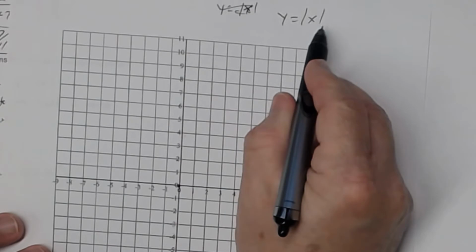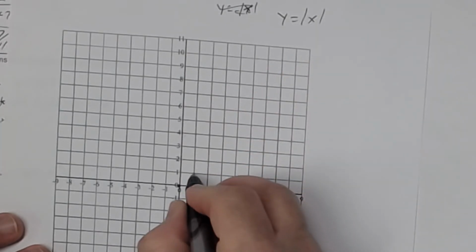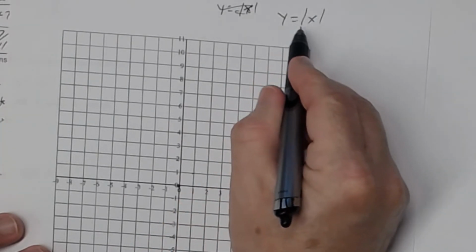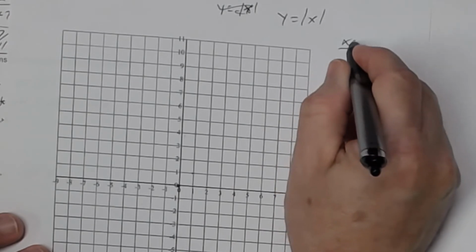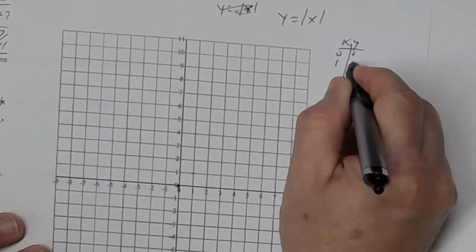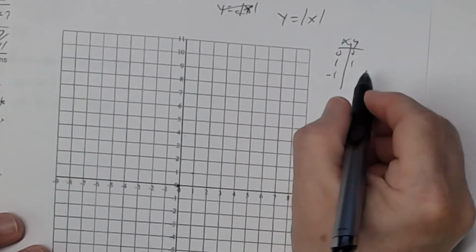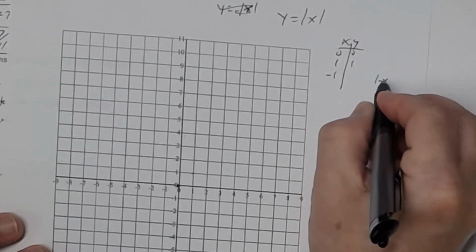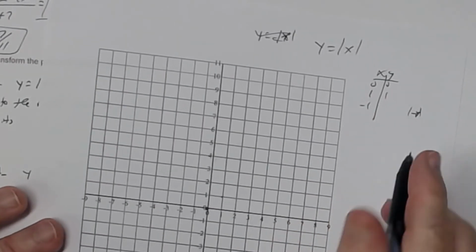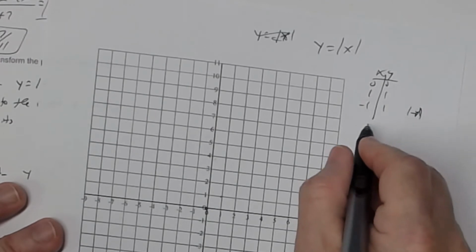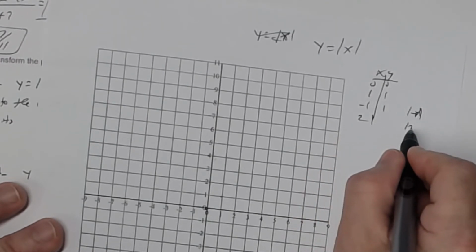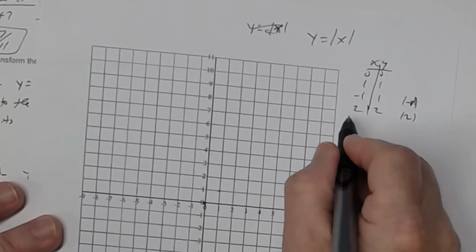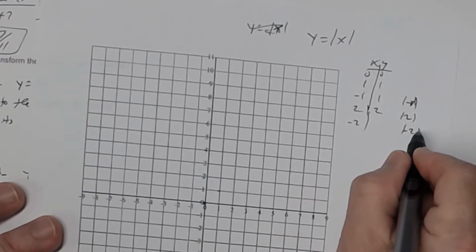When x is 1, the absolute value of 1 is 1. So we get 1, 1. When x is negative 1, so looking at the t-table, 0, 0, 1, 1, negative 1, absolute value of negative 1 is 1. 2, absolute value of 2 is 2, right? Negative 2, absolute value of negative 2 is a positive 2.